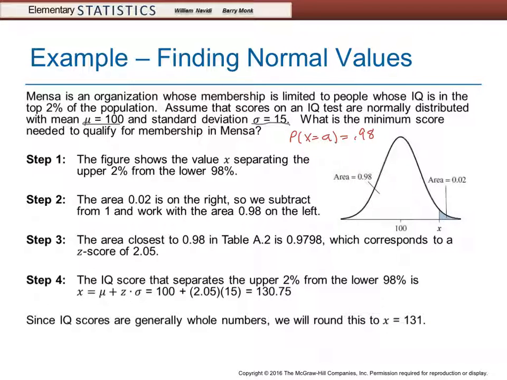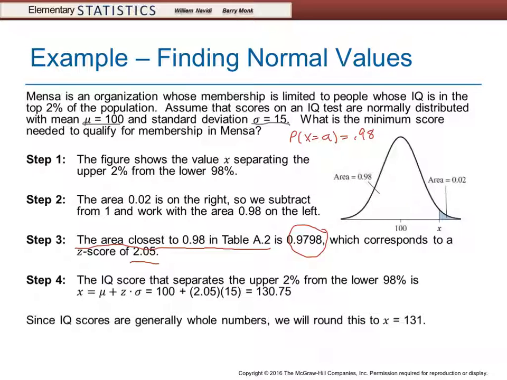Then we look for the area closest to 0.98 in the table, and we find it to be approximately 0.9798, which corresponds to a z-score value of 2.05. So once we find the probability inside the table, we then need a z-score to find x.